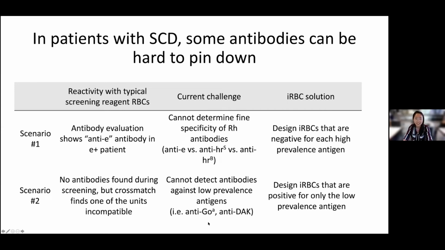And the current challenge in the blood bank, again, is that you just don't have the reagents to be able to say for sure that there's an antibody against the low prevalence antigen, such as GOA and DAC. And what we want to do with IRBCs is to generate red cells that are positive only for this one specific low prevalence antigen, so that you would be able to tell for sure what the antibody specificity is.